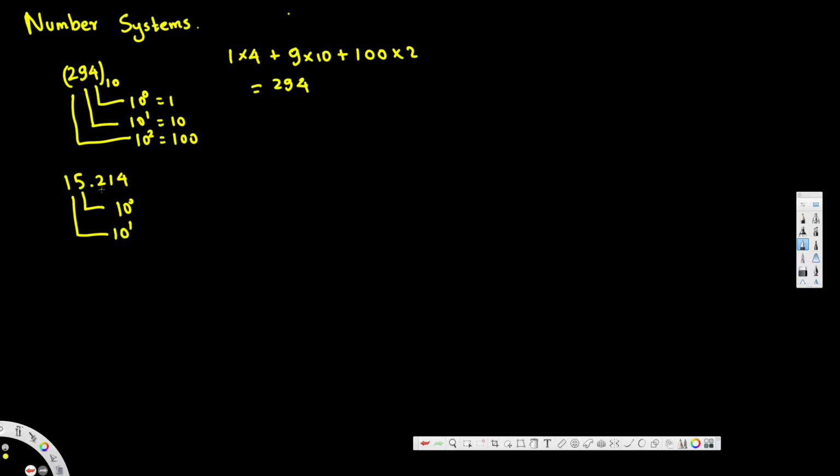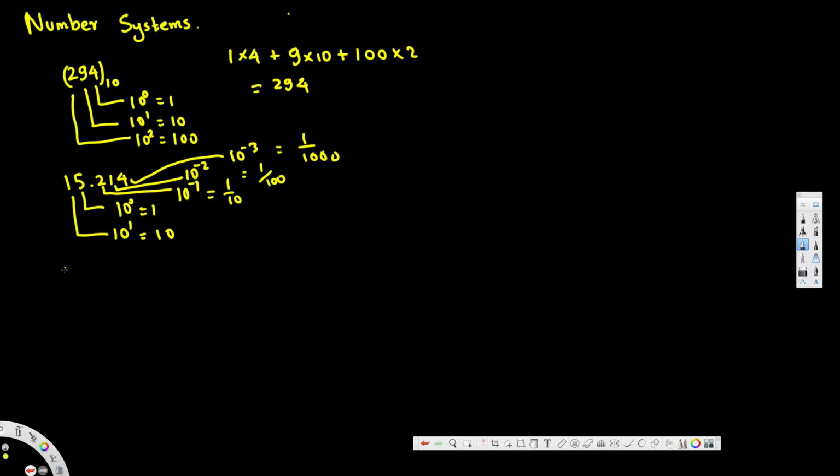But what if it's after the point? Then we go the other way, 10 power minus 1, and the power will decrease further, minus 2, and this one 10 power minus 3. 10 power 0 is 1, 10 power 1 is 10, 10 power minus 1 is 1 over 10, 10 power minus 2 is 1 over 100, and 10 power minus 3 is 1 over 1000.